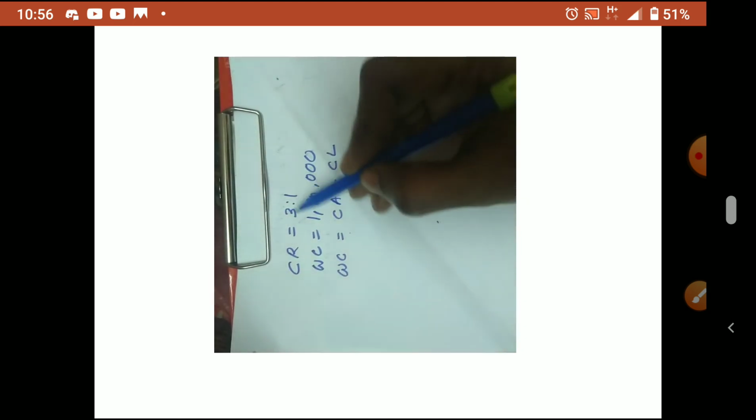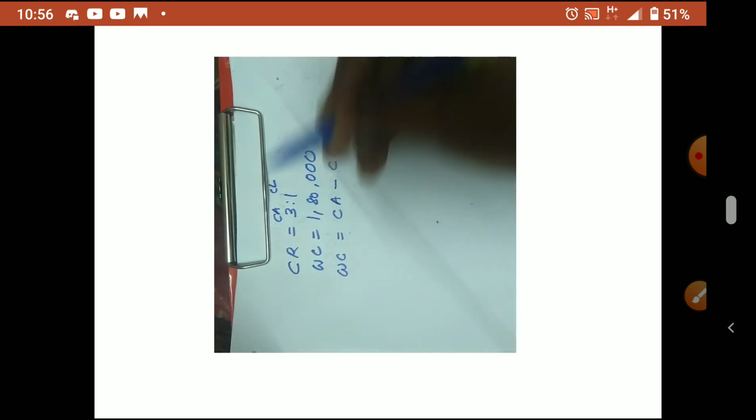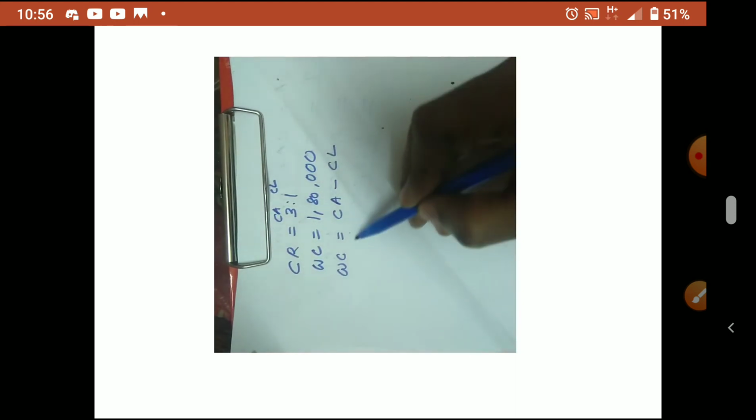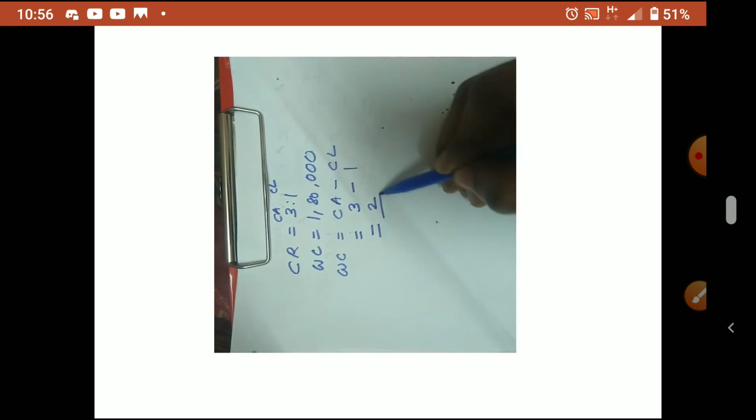So you see here current ratio 3:1 means these 3 represent current asset and 1 represent current liabilities. So working capital also we can calculate the figure. How? Current asset 3 minus current liability 1. So that means working capital is 2. So if 2 is given here, the amount is 1,80,000.